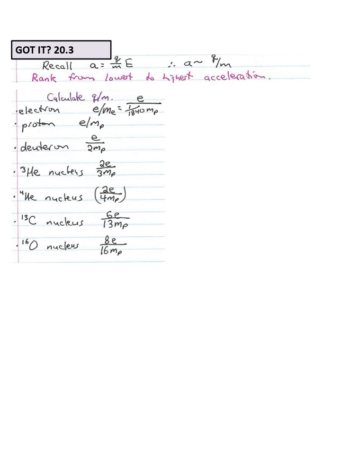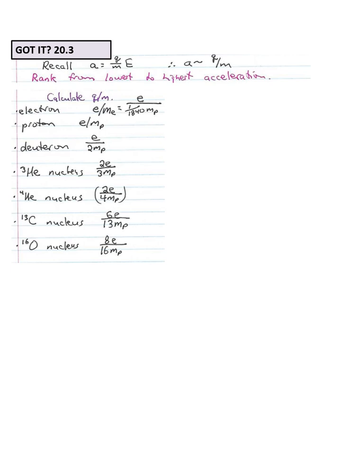Rank in order their accelerations from lowest to highest, under the approximately correct assumption that the neutron and proton have the same mass and that the mass of a composite particle is the sum of the masses of its constituent neutrons and protons. Note any that have the same acceleration.